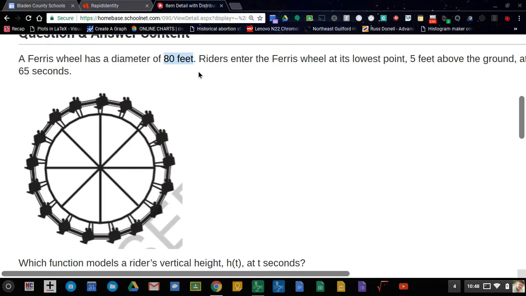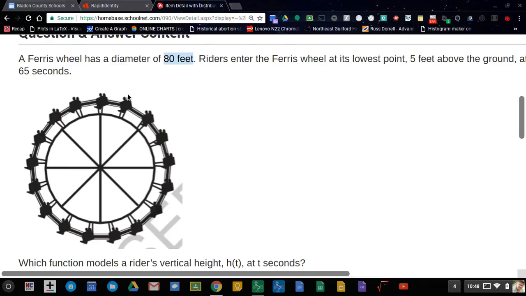It's amplitude. Because again, you're going above the center point, you're going below the center point, and you're oscillating back and forth, as far as your height. So your highest point is here. That's going to be not 80 feet. It's actually half that, right? So your amplitude is 40, okay?